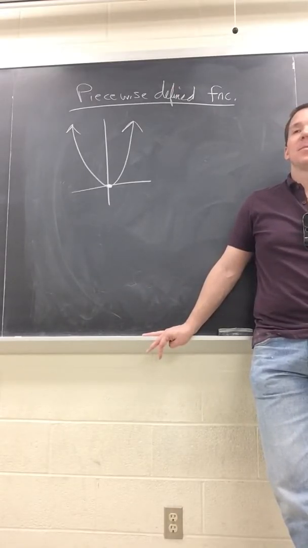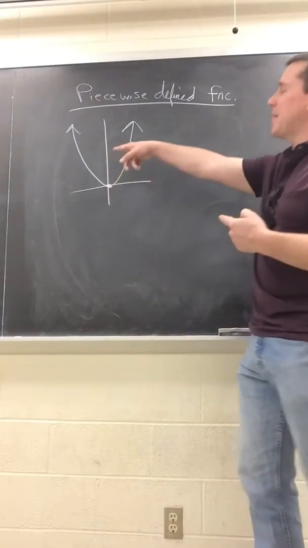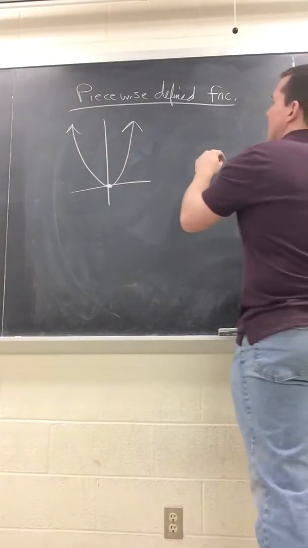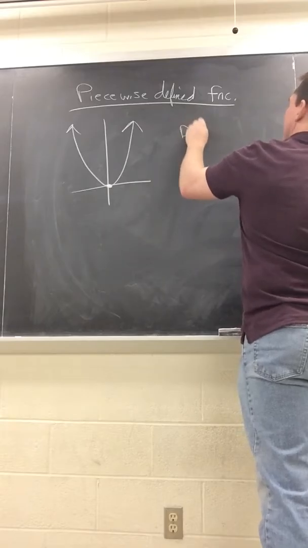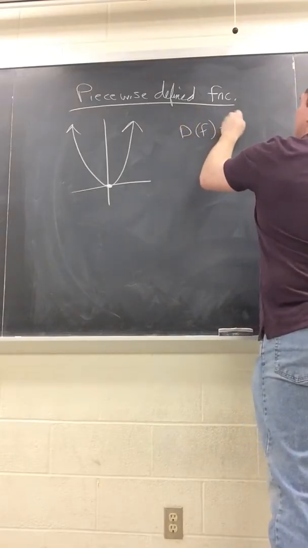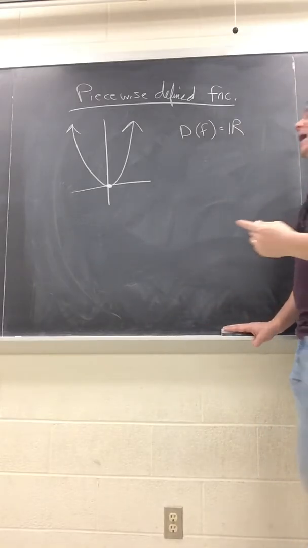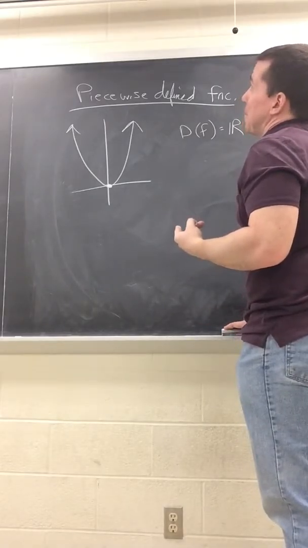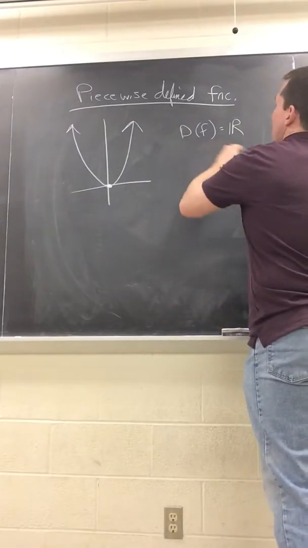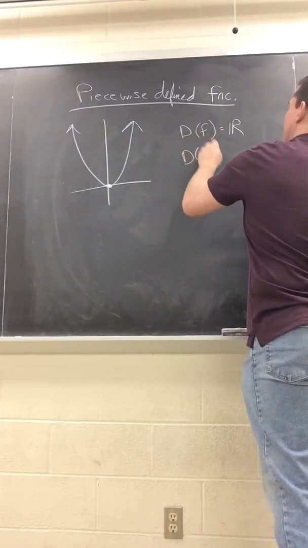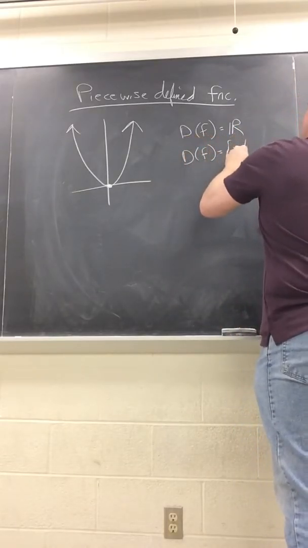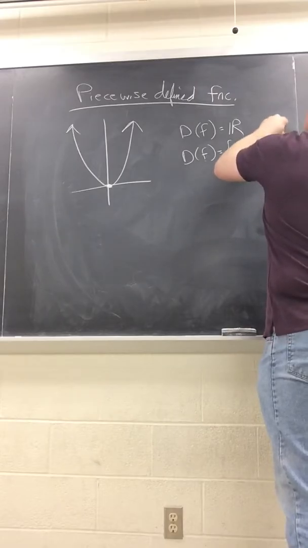into pieces. So again, suppose we have this quadratic right here, and we know the domain of this is all real numbers. But suppose for the sake of argument, I wanted this graph, but I only wanted the domain to be all the x's greater than or equal to 0, for whatever reason.